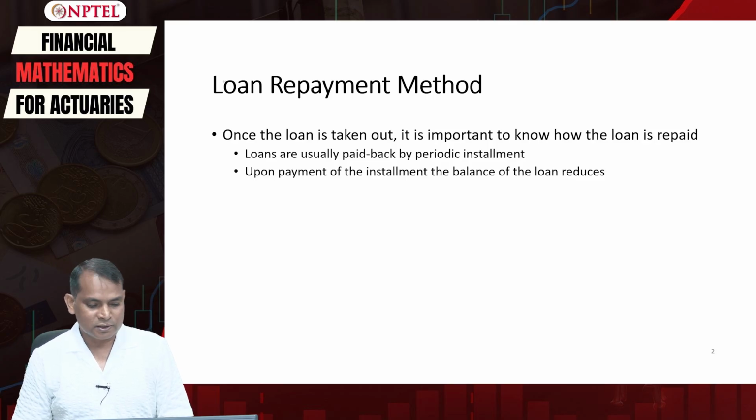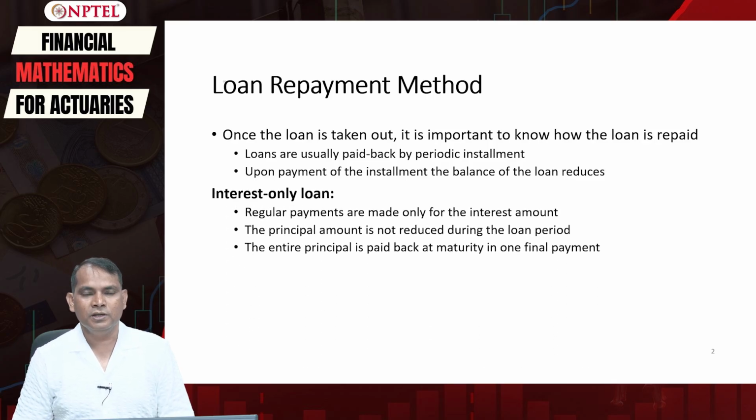Loans are usually paid back by periodic installments, and upon payment of an installment the balance of the loan reduces. But a loan can be an interest only loan, or it can be a repayment loan.